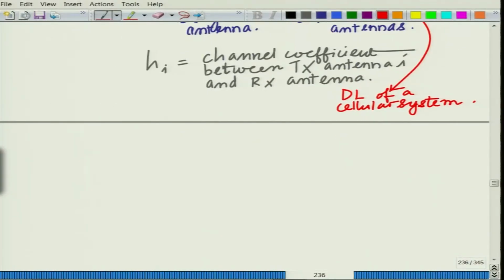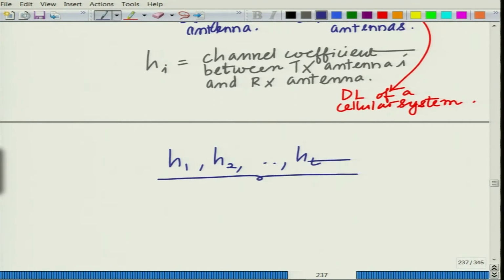Now, what happens is that these channel coefficients H1, H2, HT are typically unknown. Now, since these channel coefficients are unknown, they have to be estimated. This process is termed as channel estimation, because at the receiver one needs the knowledge of the channel coefficients for the decoding of the transmitted symbols, right.